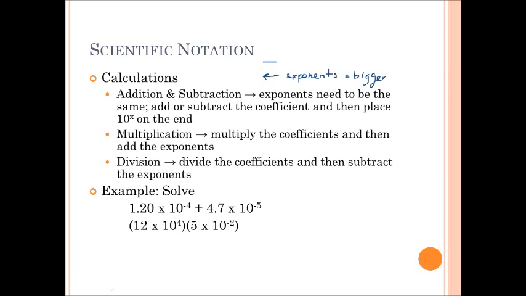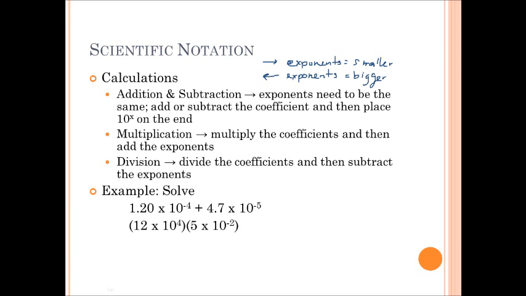If you move it to the right, the exponent gets smaller. So, with addition and subtraction, your exponents have to be the same. Then you simply add or subtract the coefficients, and you place your 10 to the x value on the end, because the exponent is the same.